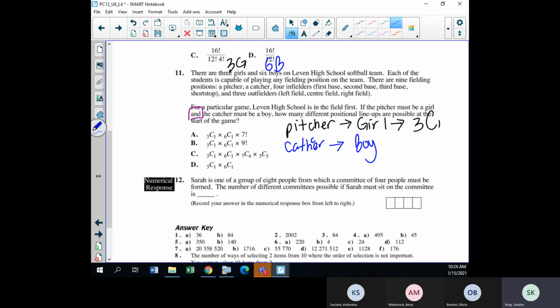So to choose the catcher, there's 6 boys to choose from, so 6 choose 1. This is how many combinations I get to select the girl pitcher, times this many for the boy catcher.